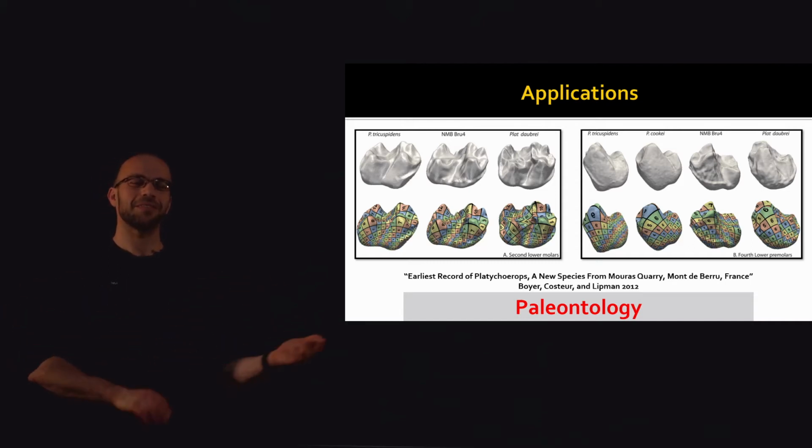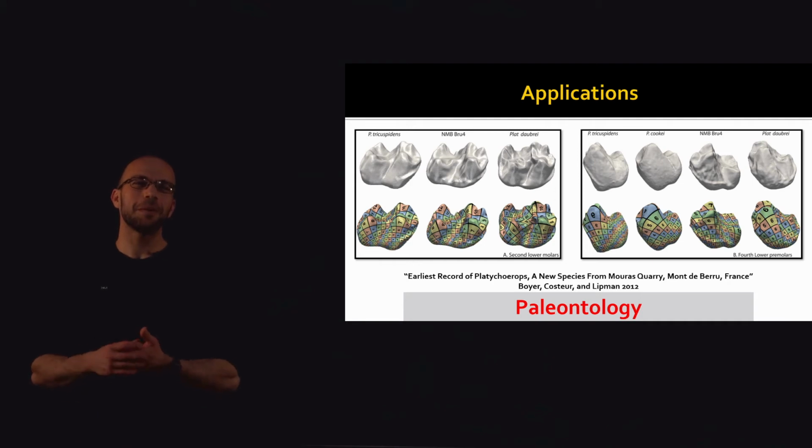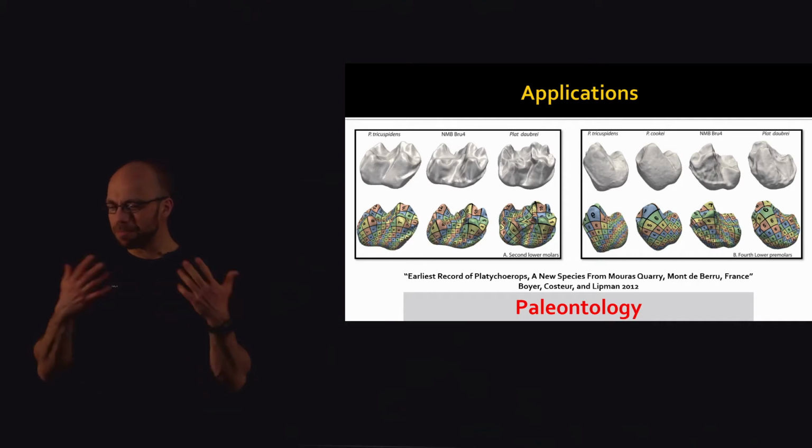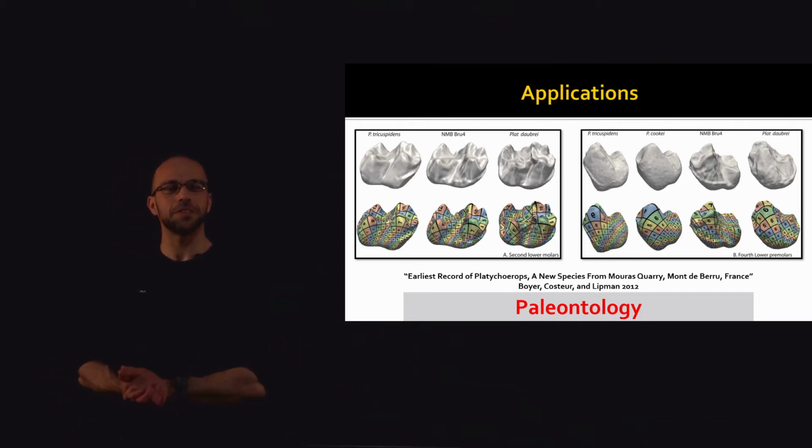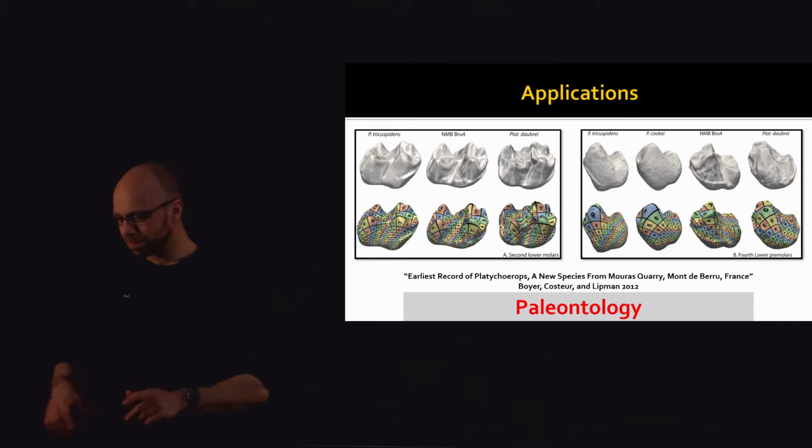So here I've given you one pointer to an actual published paleontology paper that talks about a new species and some of the earliest records and uses these sorts of, in this case, conformal mapping techniques to sort of bolster their evidence for the paleontological case that they're trying to make. Notice the third author of this paper is Lippmann, who's a very well-known geometry processing researcher.